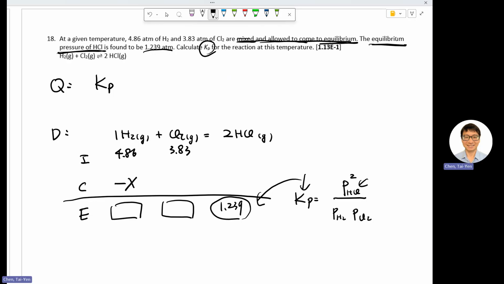And then use this as a reference to write out the corresponding change for the other reactant and also your product.